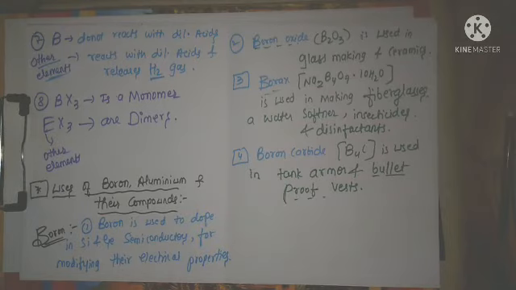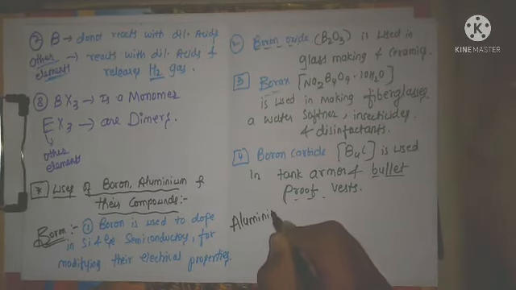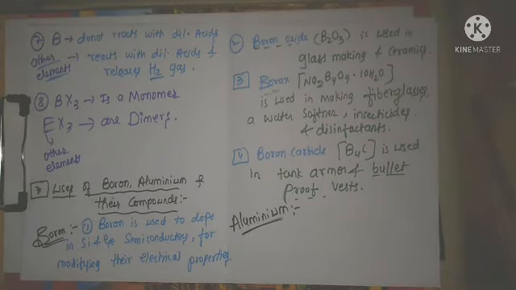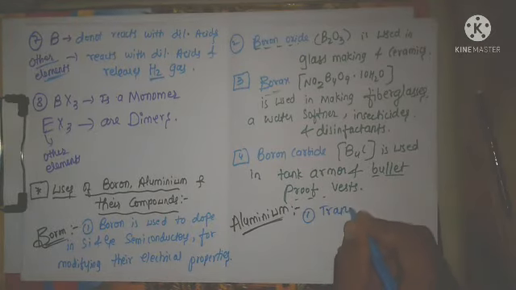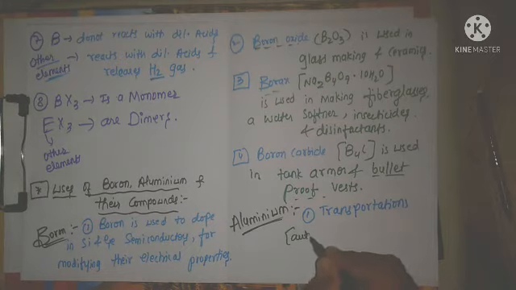Now next we will go for the uses of aluminium and their compounds. Aluminium and their compounds we will discuss now one by one, right? It is also very easy. In transportation, for example automobiles, aluminium is present.